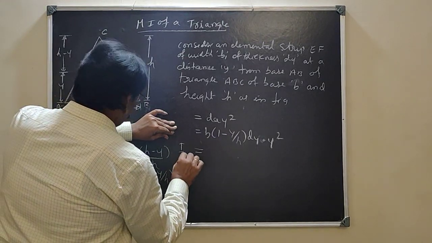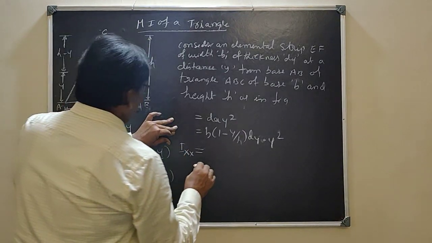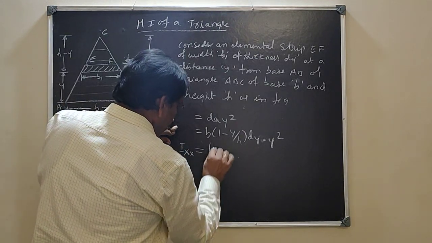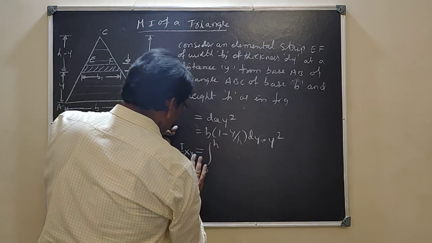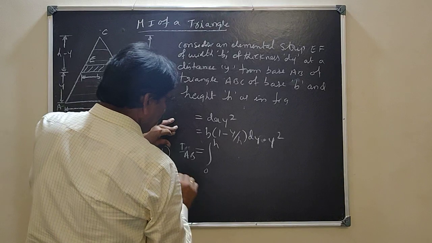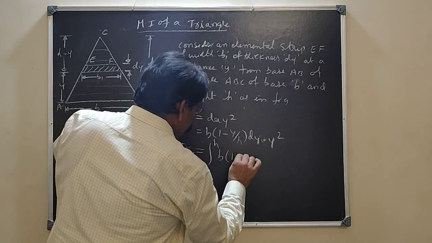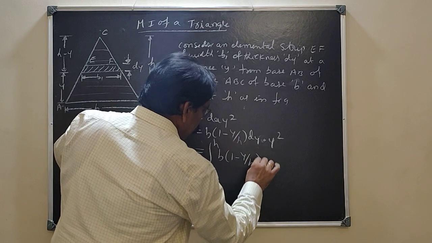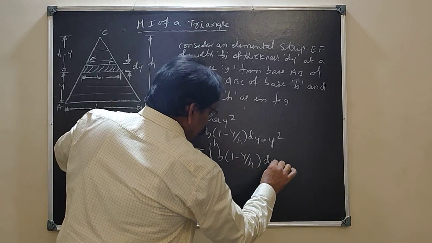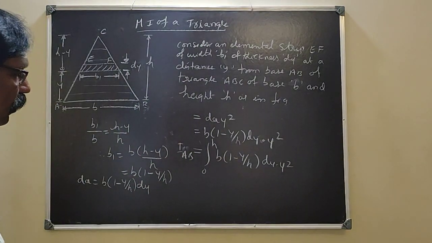So IAB, about the base, is equal to integral 0 to h of B into 1 minus y by h dy into y square.